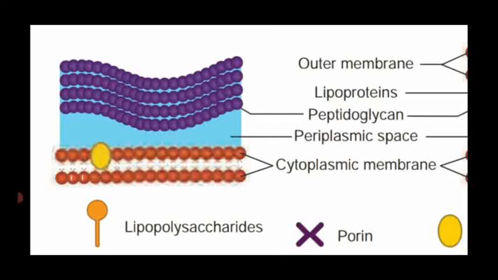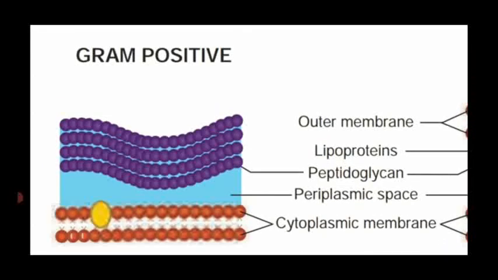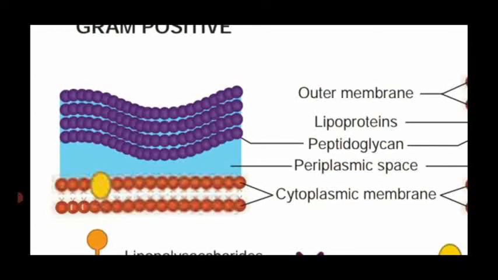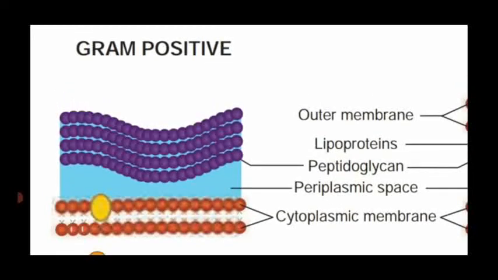Here in gram-positive bacteria, the space between the plasma membrane and the cell wall is called the periplasmic space. Gram-negative bacteria has the outer membrane, but in gram-positive, the outer membrane is absent. Only the cell wall is there.